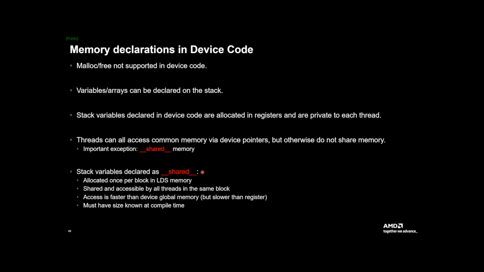Access is faster than device global memory, but slower than registers. Registers are fastest, LDS is slower, and global memory, HBM, is much slower, although its peak bandwidth is fast compared to other kinds of memory. It must generally have a size known at compile time, so the compiler should know the size of the shared memory during compilation.